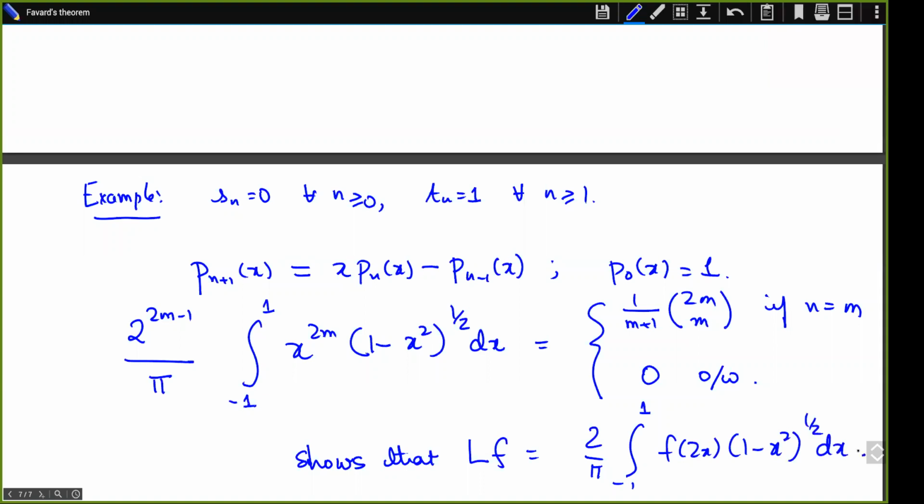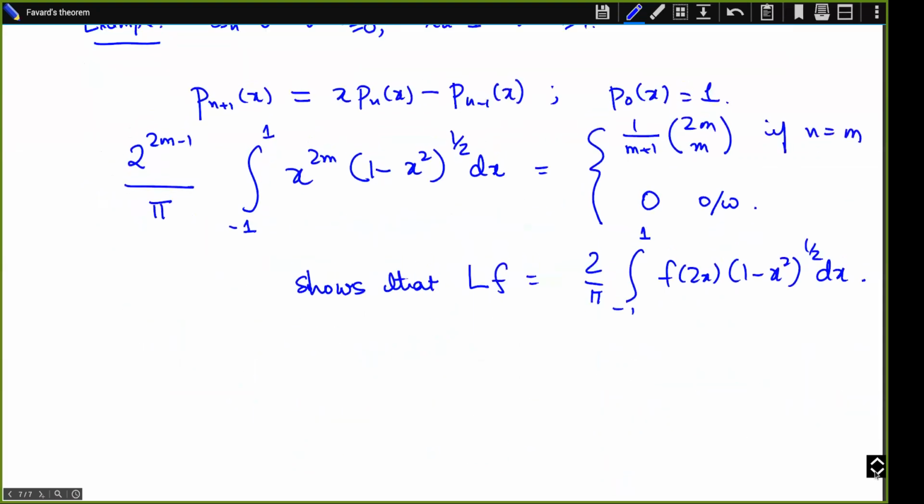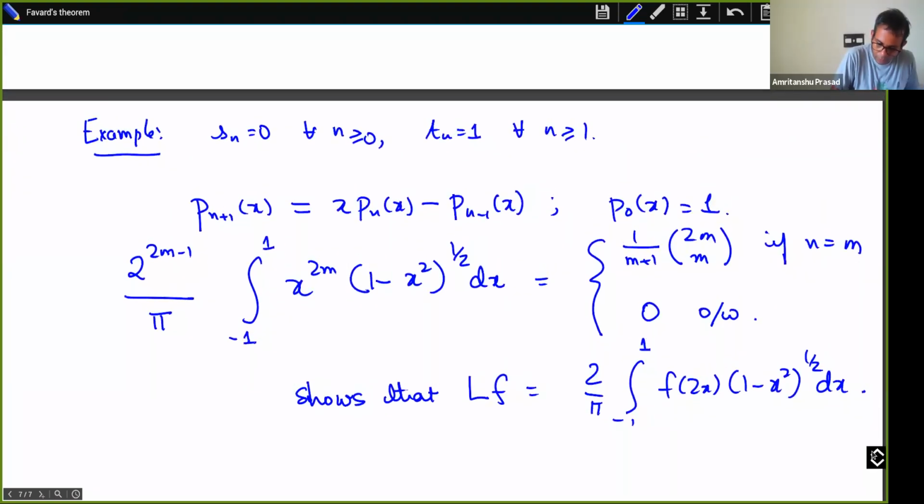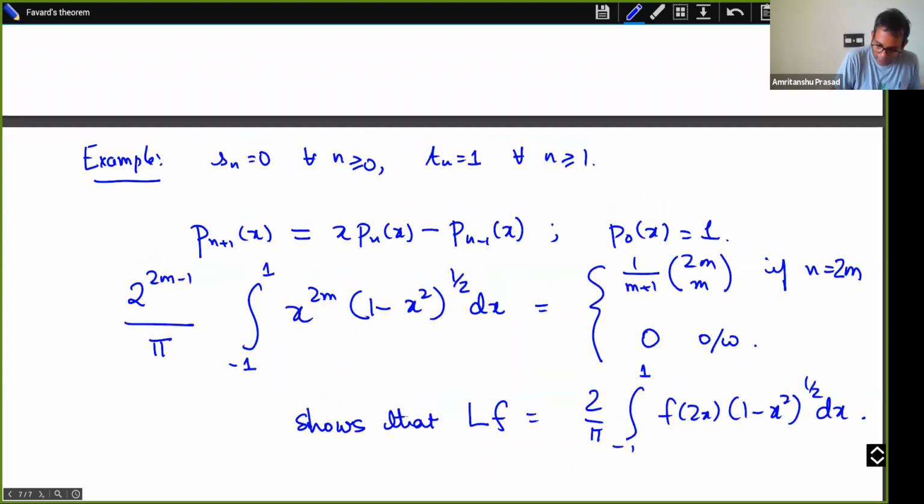So in the integral, there is no n appearing, right? In the expression. No, n is 2m actually. Yeah, if n equals 2m. Sorry, n should be 2m.